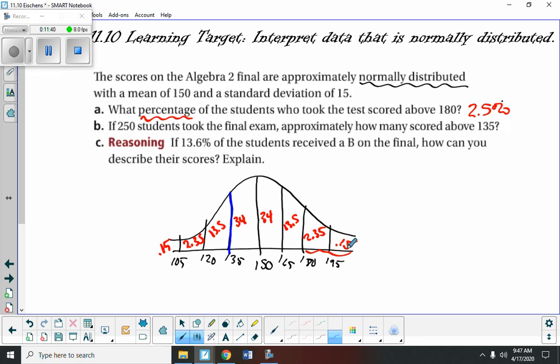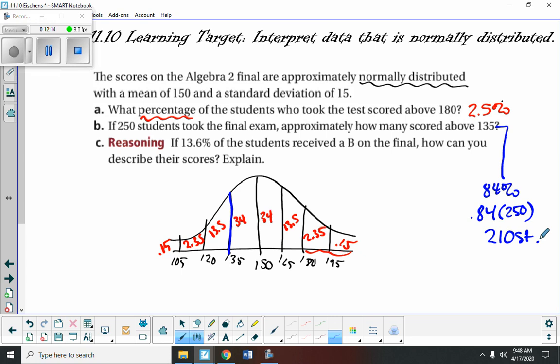So 68 plus 13.5 plus 2.35 plus 0.15. That would be 84%. It's not asking what percent, it's asking how many students. So it's 84% of the total students. So 0.84 times 250. That would be 210 students.